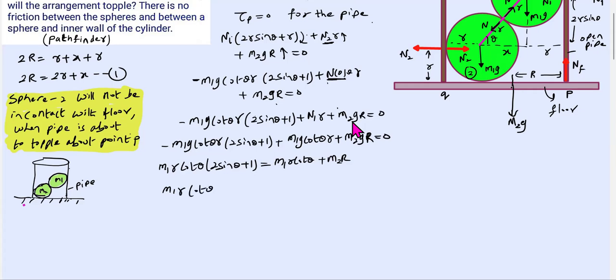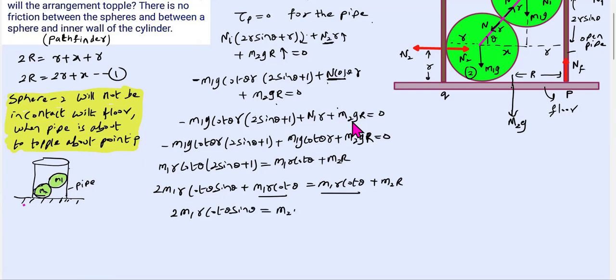These two will get eliminated. So 2 M1R cot theta sin theta equal to M2. So M1 by M2 is being asked.